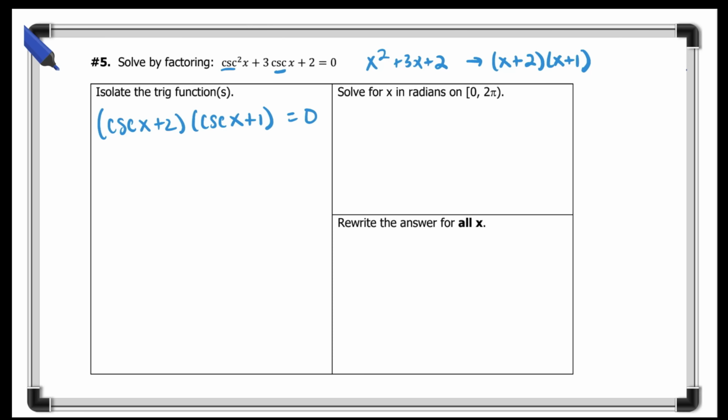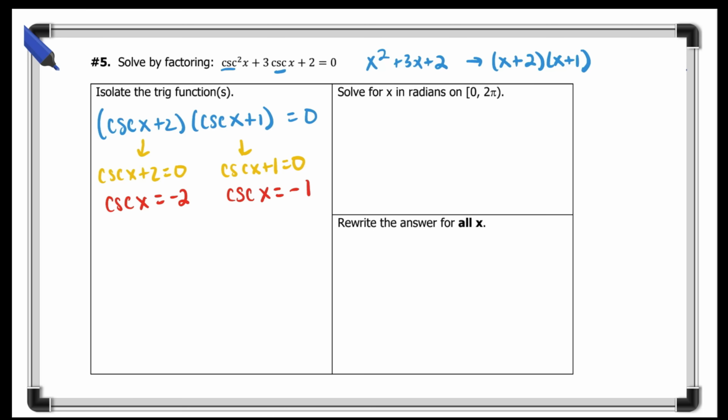If you set your factors equal to 0, you can isolate your trig functions, which gets you cosecant of x equals -2 and cosecant of x equals -1, by subtracting the 2 and the 1 to the other side.